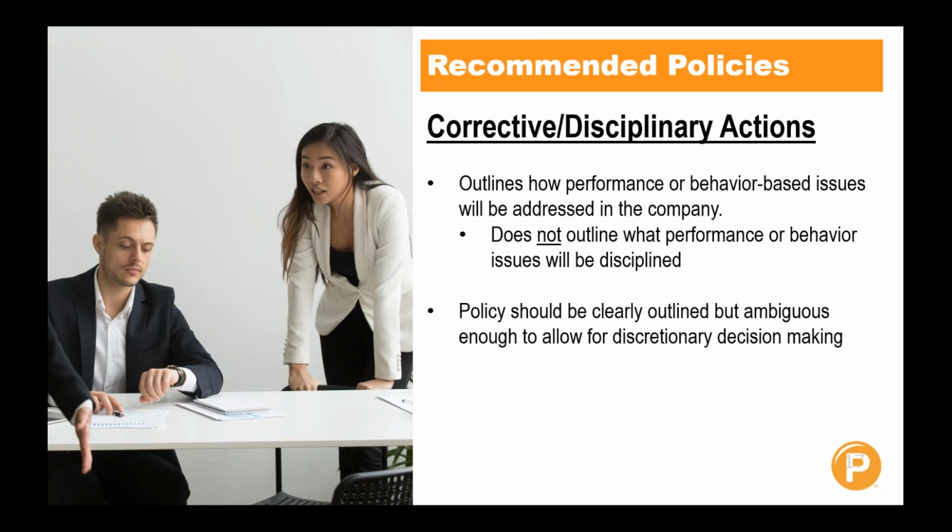There are a few reasons for this, but the biggest reason is, one, things may change. As much as it is important to be consistent, there are situations that need to be handled on a case-by-case basis. And two, none of us are perfect, and we can never outline every single behavior and what that should lead to.